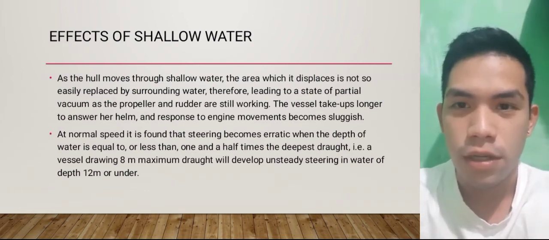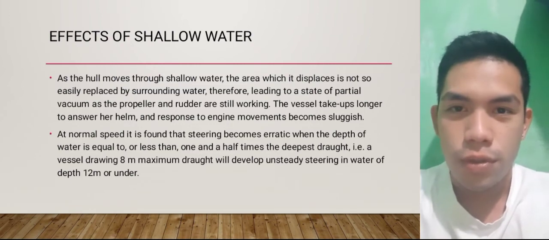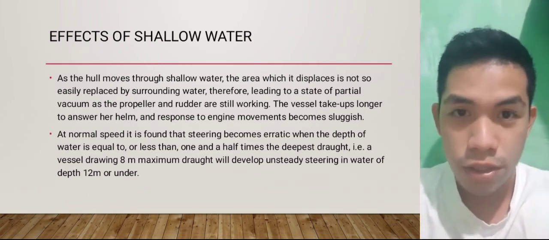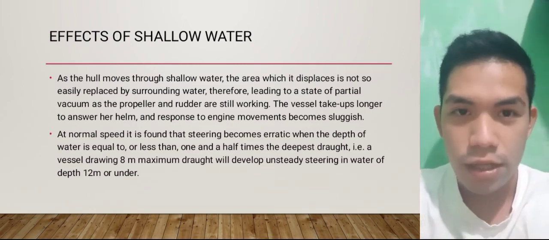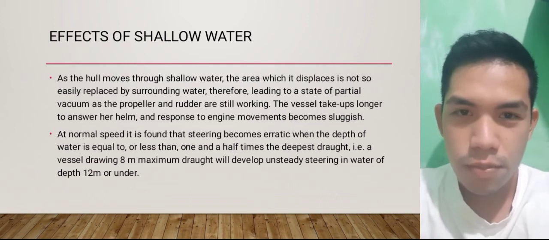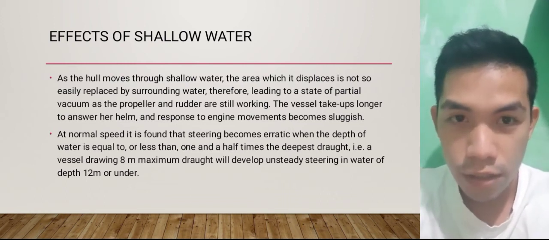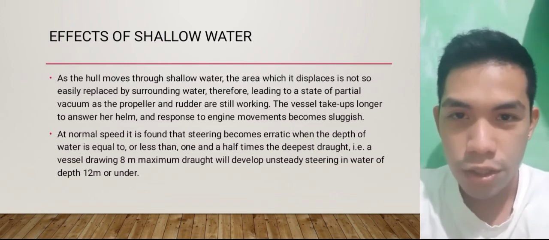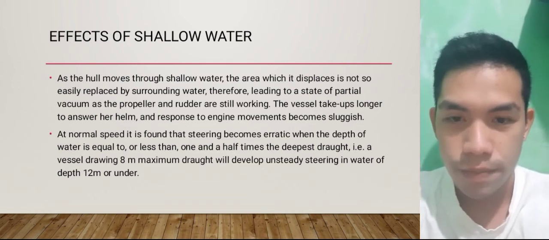As the hull moves through shallow water, the area which it displaces is not so easily replaced by surrounding water, therefore leading to a state of partial vacuum as the propeller and rudder are still working. The vessel takes longer to answer her helm, and response to engine movements becomes sluggish.